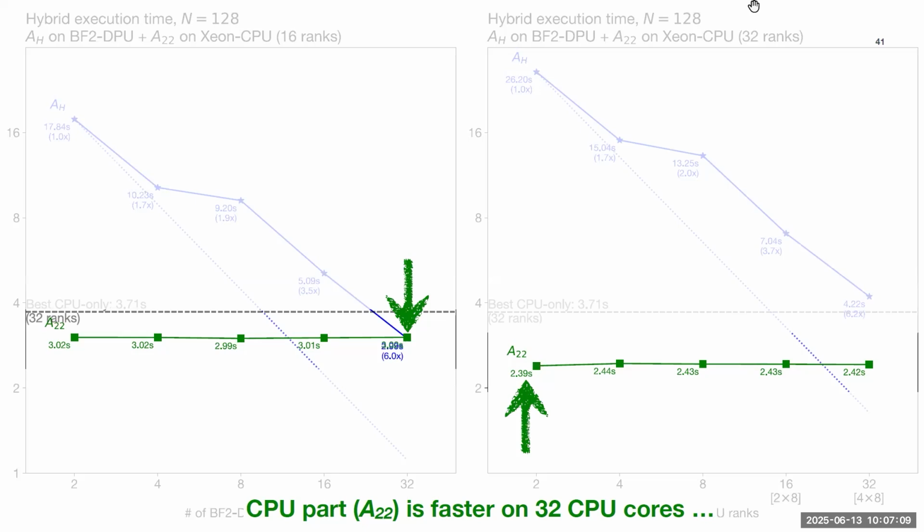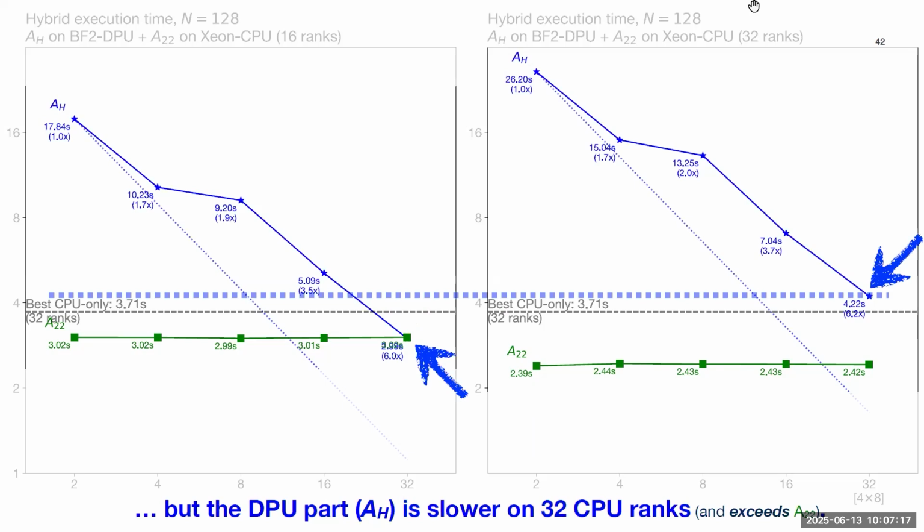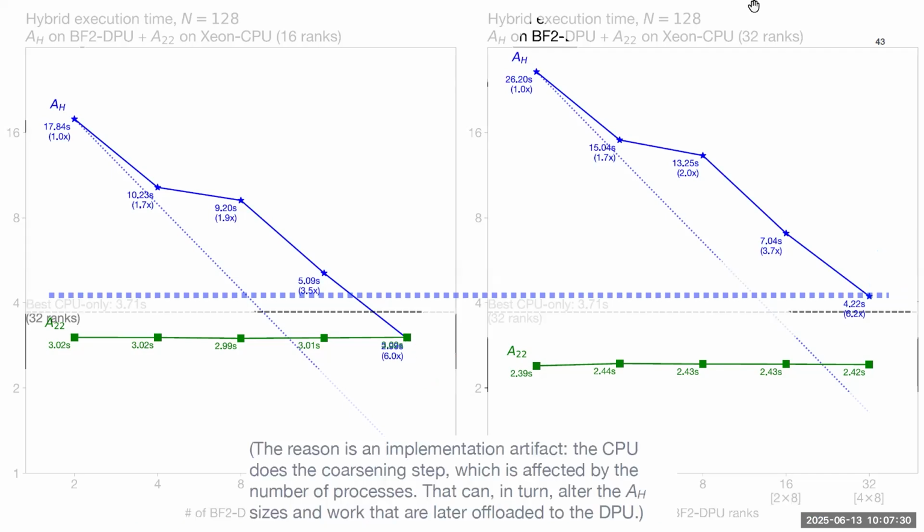So the A22 subsolve that's running on the CPU runs better if you put it on just the CPU. But the DPU part is actually much slower. So that's why in that case, if you limit yourself to 16 CPU cores and use all the DPU cores, you get better results.